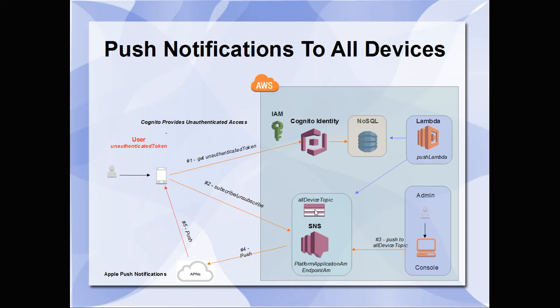Mobile Hub is generating the application to do these things for you. So the first steps are done. As soon as you have the application and you fire it up, it goes and gets the token and it subscribes to that all device topic. The topic was created, the permissions were created, all the stuff was already created.